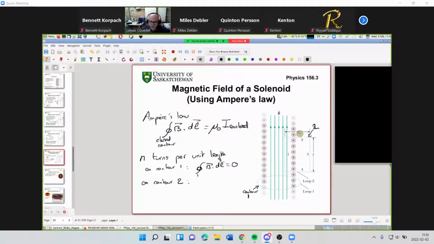So I will use Ampere's law. I will use this contour, 1, 2, 3, 4. So I'm turning in this direction. And for this contour, now I can calculate the magnetic field.